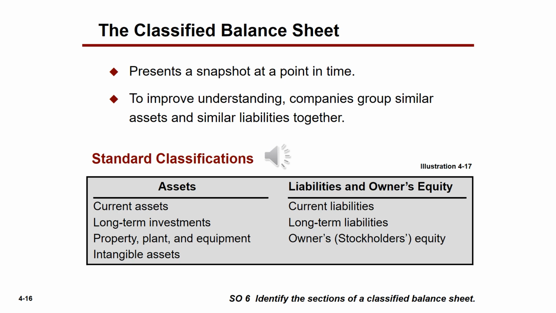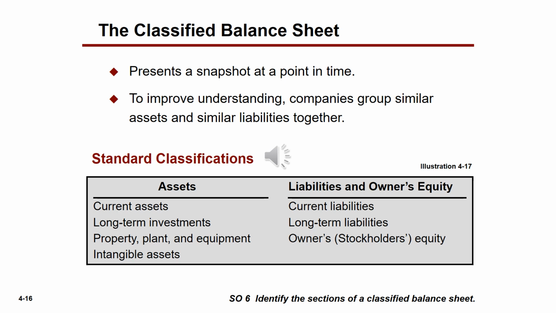Now, what some companies do is group similar assets and similar liabilities together in order to improve the understanding and the transparency of the financial data that they are presenting to the investors.